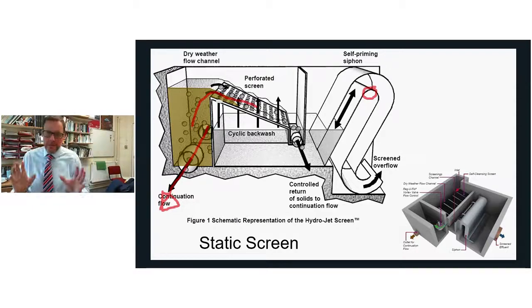And one can debate about how effective that is over time, and the sort of maintenance cycles required to make sure the screen is completely clear. But that's one of the steps. And so then the waste particles, the screenings bigger than 6 millimeters, are caught in this channel, and they're washed onto treatment.